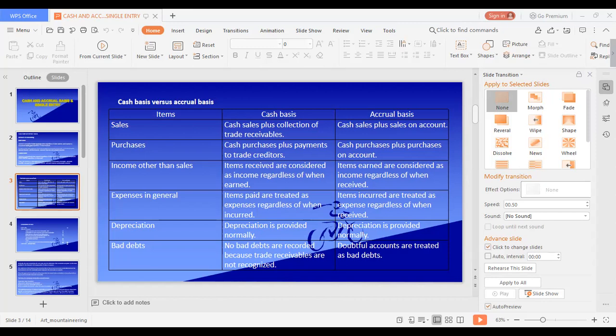Then number 4, depreciation rate, building 5%, equipment 10%. So the building cost is 1 million, we multiply by 5%. So it's accumulated depreciation credit of 50,000.